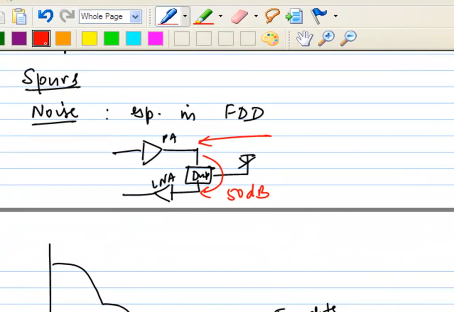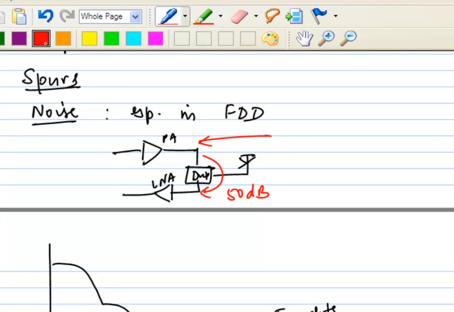It is usually in terms of either dBc per hertz or dBm per hertz. Once you know the PA output power, the TX noise in dBc per hertz, and the duplexer rejection, you can calculate the power in dBm per hertz being leaked to the LNA input. Is that clear?